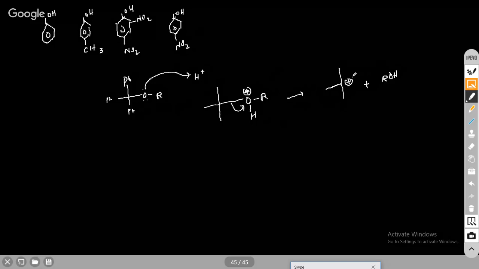Because if any of these phenyl groups is replaced by a methoxyphenyl group, we have OCH3 here, right? Now this OCH3 is an electron releasing group. So this electron releasing group obviously stabilizes this carbocation. Yes or no?